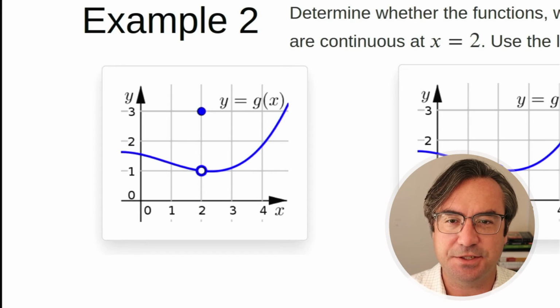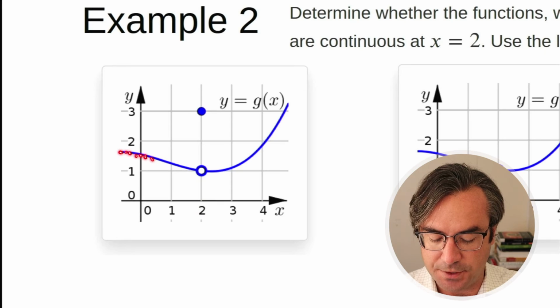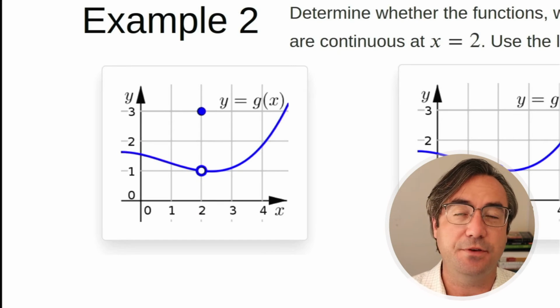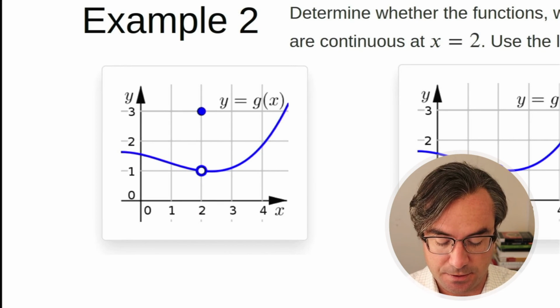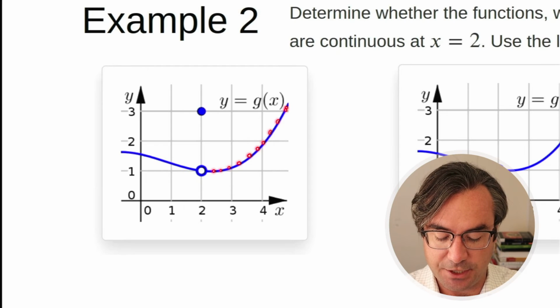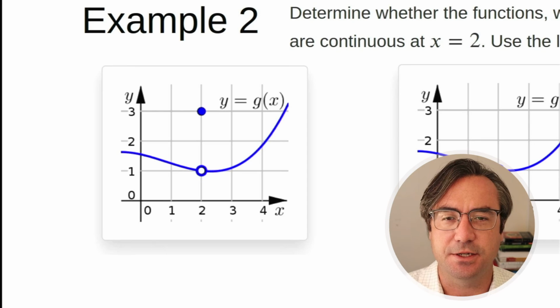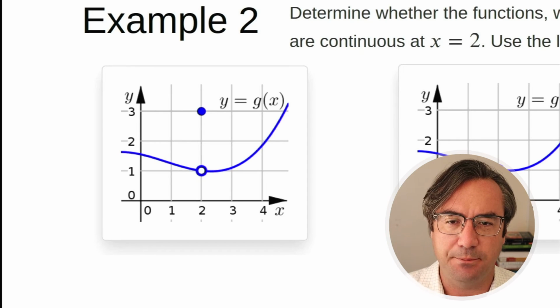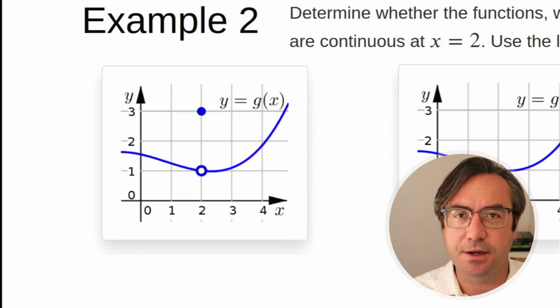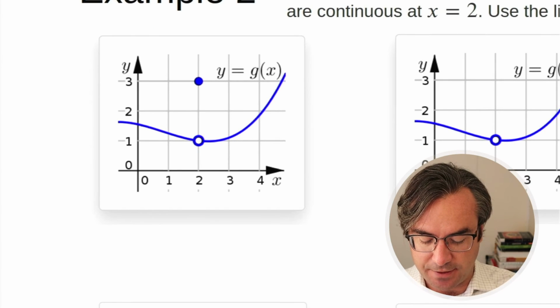And you can test for yourself, though. All the other points on this graph, our graph is continuous. So the only one that's giving me an issue here is what's happening directly at, or around, x equals 2. All right, but let's prove this using our limits. Let's calculate the left-hand limit first.